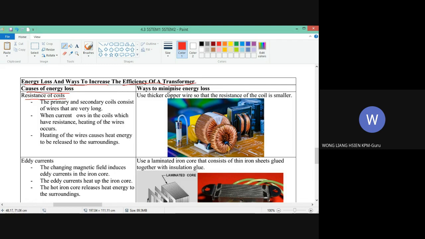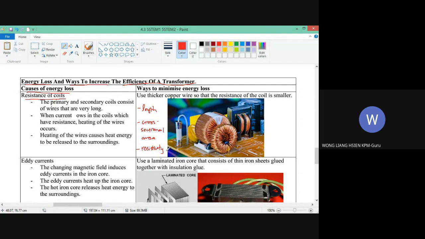So how to reduce the resistance? We look back at what we learned previously about resistance. What are the factors that can affect resistance? First is the length of the wire. Second is the cross-sectional area of the wire. And the third one is the resistivity of the material.